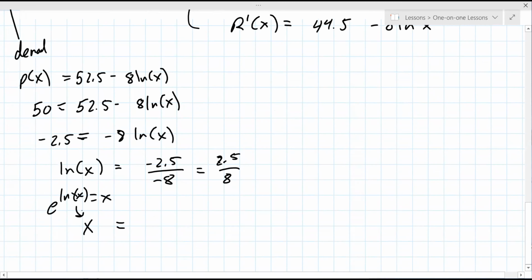That's how we get to this line. So it becomes e to the 2.5 over 8 equals x. Oh, okay. So then the x just swaps over. Yes. Okay.